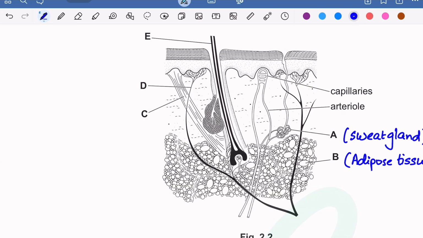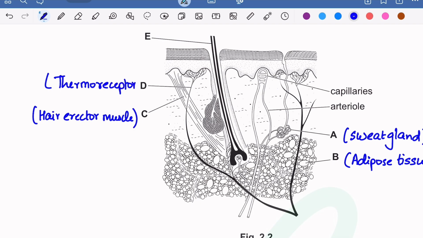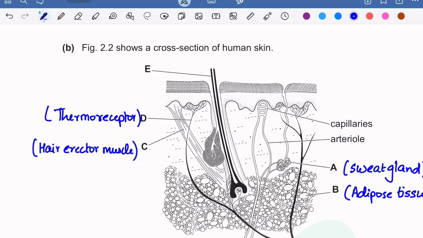C is the hair erector muscle. D is the thermoreceptor, and E is the hair follicle.